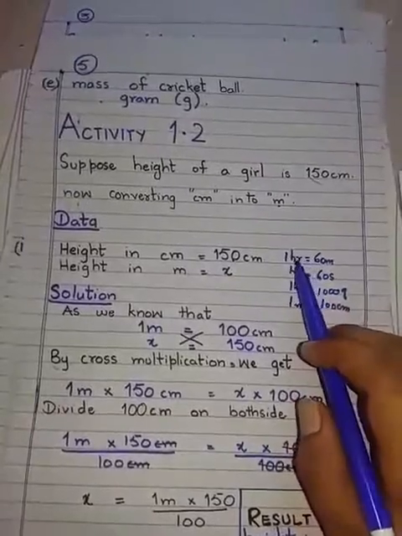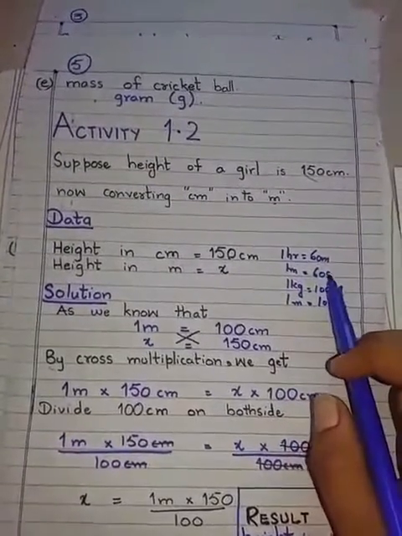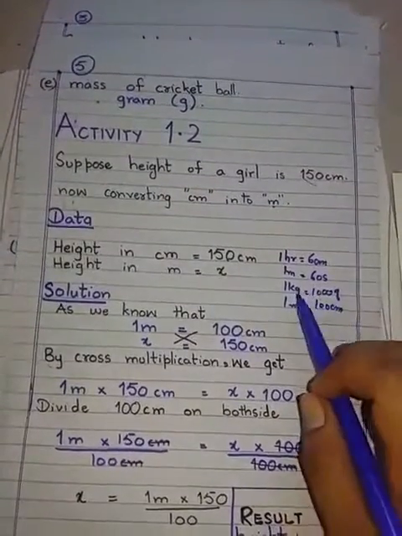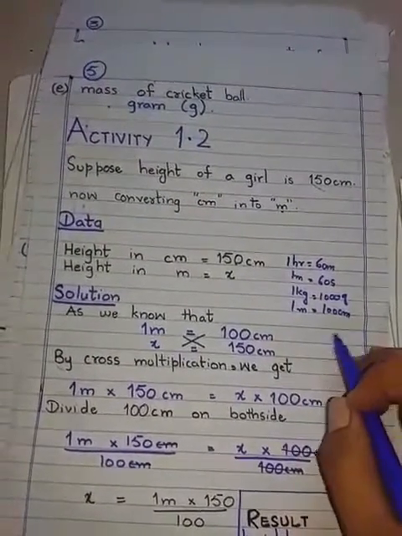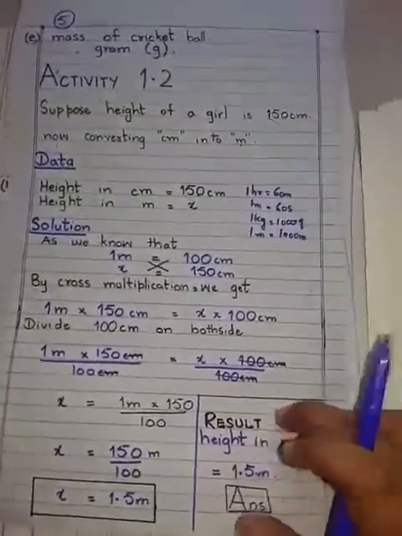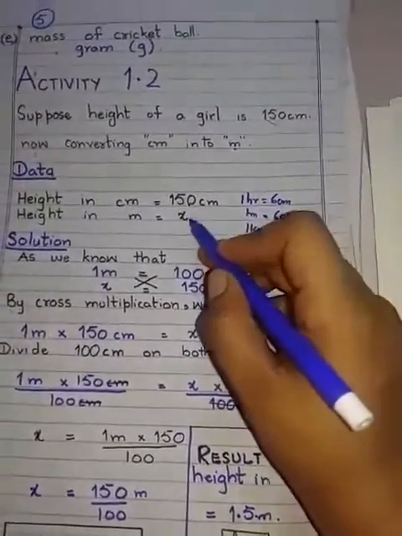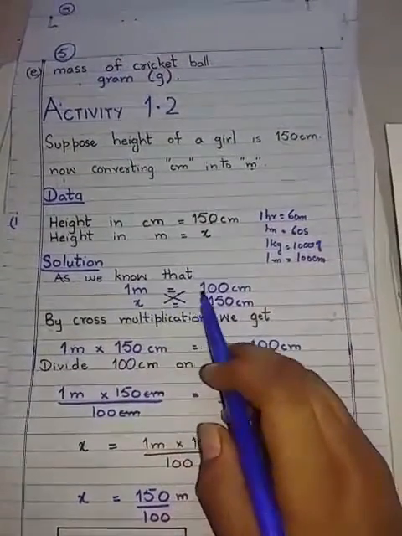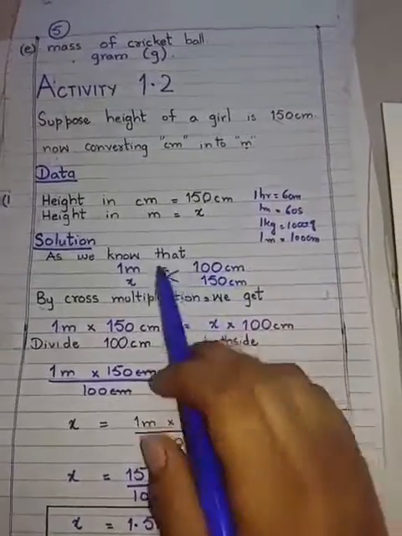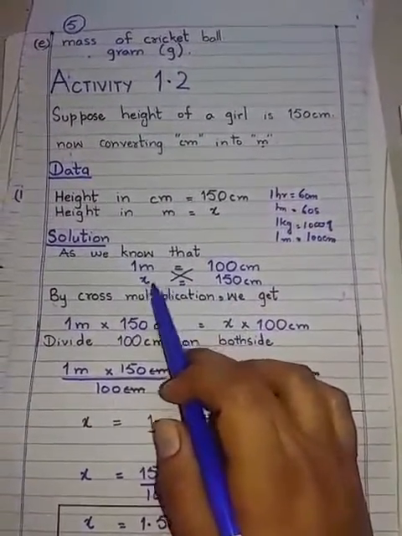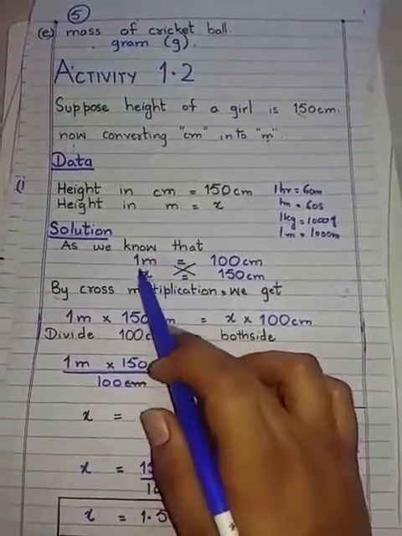We can convert hour into minute, minute into second, kilogram into gram, gram into kilogram, meter into centimeter, and centimeter into meter. In this activity we will convert centimeter into meter. As we know that 1 meter is equal to 100 centimeter, so 150 centimeter is equal to x. This one is the unknown quantity.